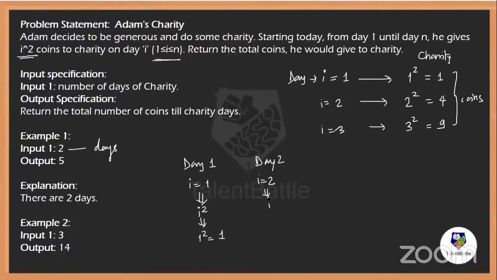And here, according to i square, it will be 2 square, that is 4. So add this. Charity done on day 1 is 1 coin. Charity done on day 2 is 4 coins. So 1 plus 4 is equal to 5 coins, which is the final result. Got it? This is the logic.